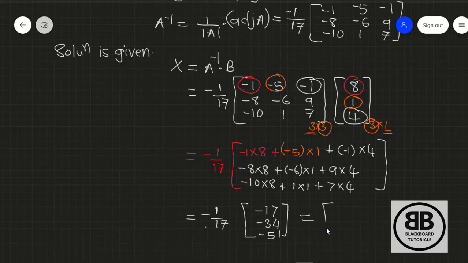You will get 1, 2 and 3. And what is our LHS? LHS is matrix X, and matrix X is what? X, Y and Z. So now these two matrices are equal. That means what is value of X? X is 1, Y is 2 and Z is 3. Okay, this is the unique solution.